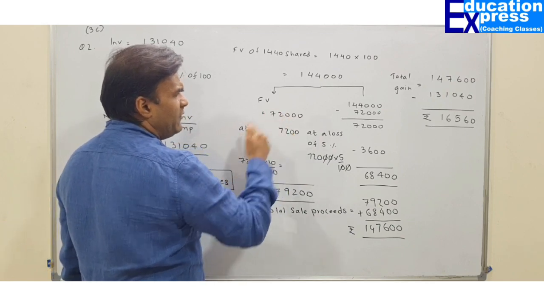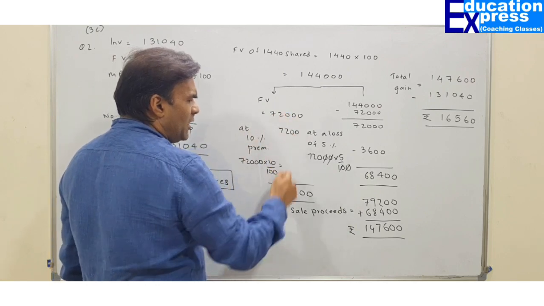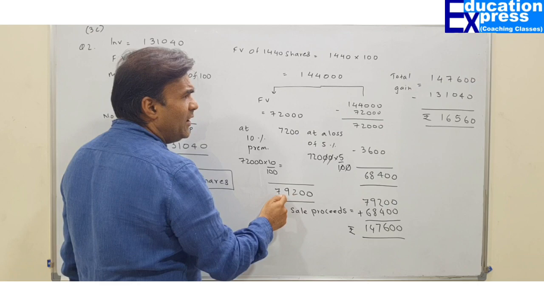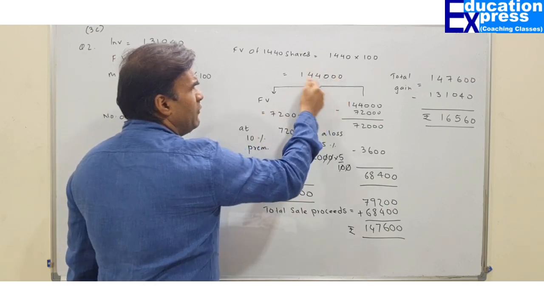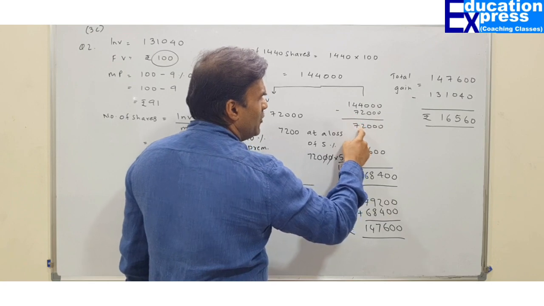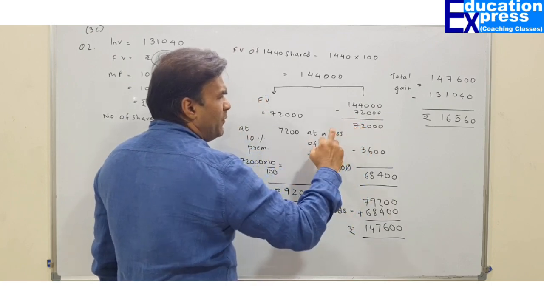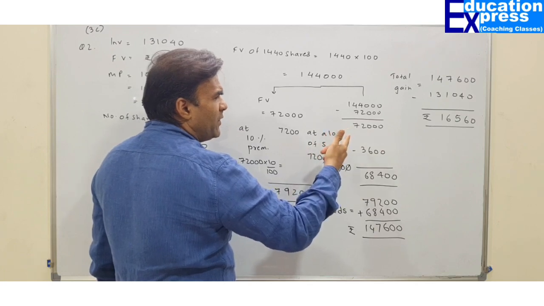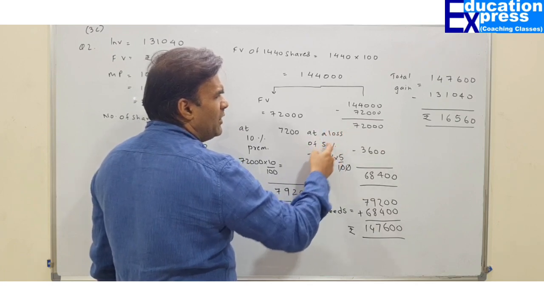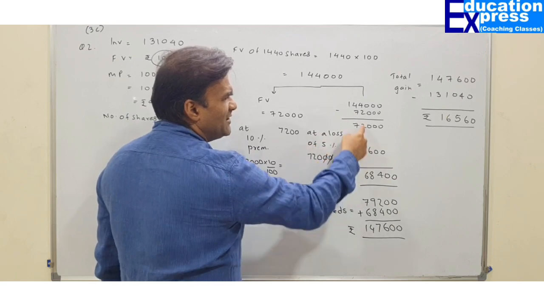They mentioned that shares worth 72,000 were sold at a premium. Premium is always on the face value. So premium on 72,000 is 7,200. Total comes up to 79,200. And the remaining shares, 144 minus 72, so 72,000, were sold at a loss of 5%. Now this was sold at a discount, so for us it is a loss. That is why I am computing a loss of 5%. 5% is 3600.